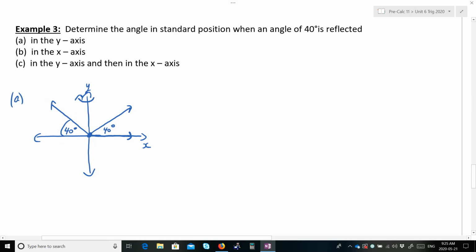And if we do that, it creates this angle in standard position here, which is what they want us to find. So if that's 40, we know from the positive x-axis all the way to the negative x-axis is 180 degrees. This guy would be 140.